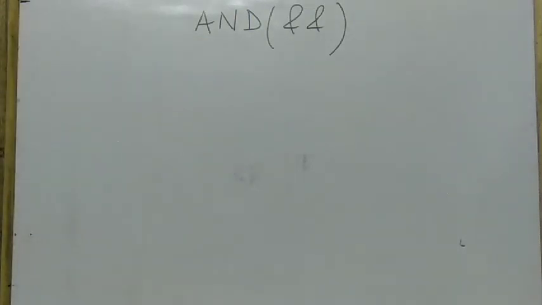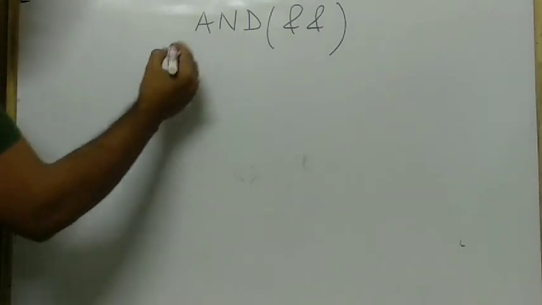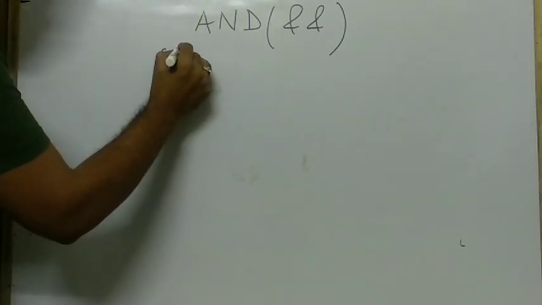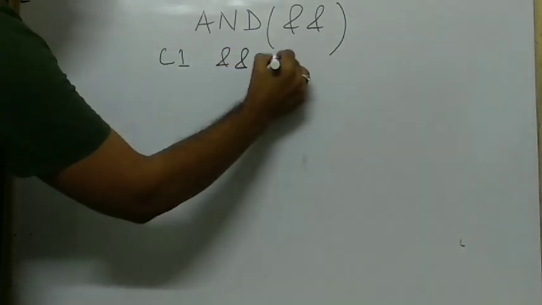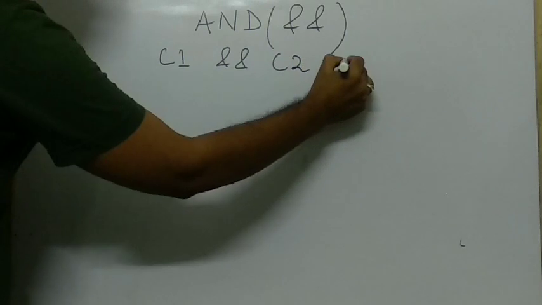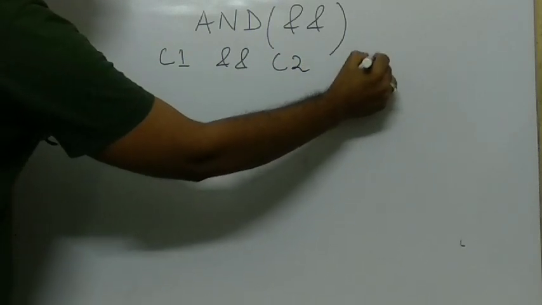As we discussed earlier, it will take two conditions, two operands, and check what the outcome of these two is. Suppose the first is condition 1 and the second is condition 2.